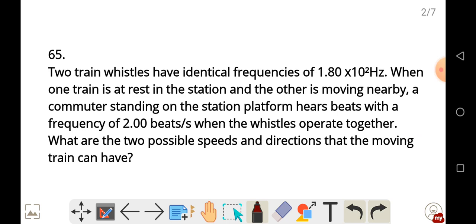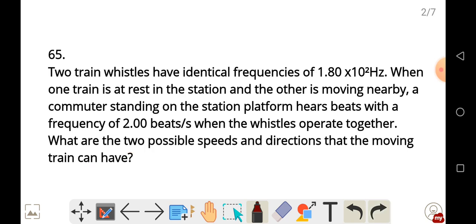What are the two possible speeds and directions that the moving train can have? Right, so they want us to find the two possible speeds and directions that the moving train can have.